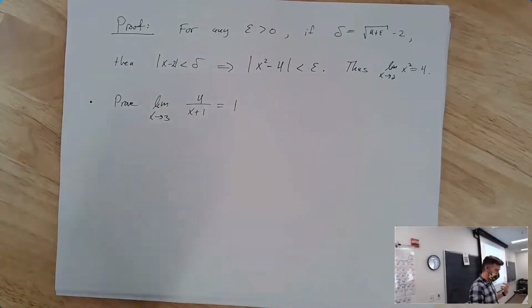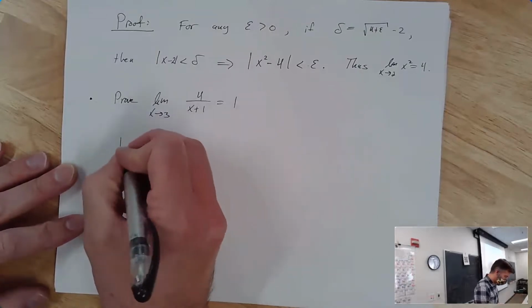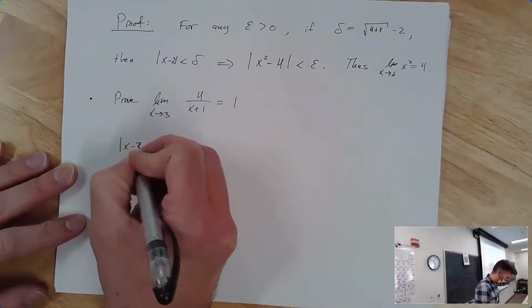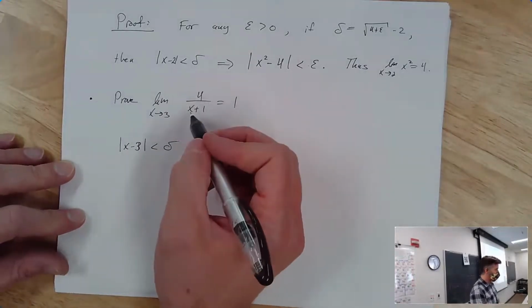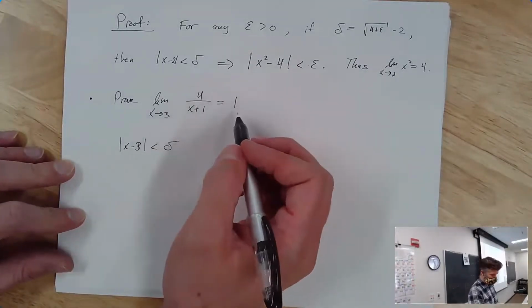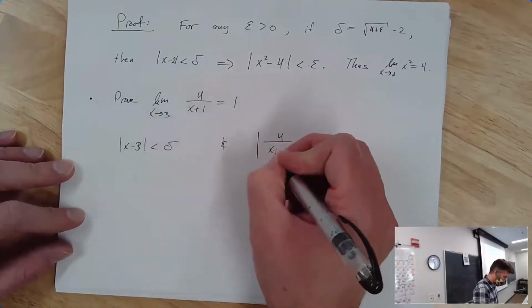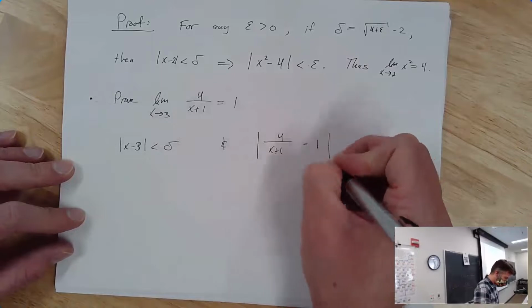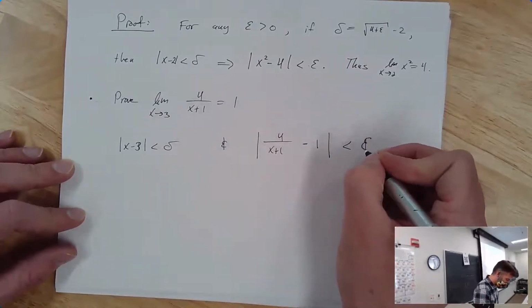Here's what we know we need. x is approaching 3, so we need the difference between x and 3 to be small. And the function should be getting closer and closer to the limit value of 1. So we also need that the absolute value of 4 over x plus 1 minus the limit is less than, sorry, epsilon.